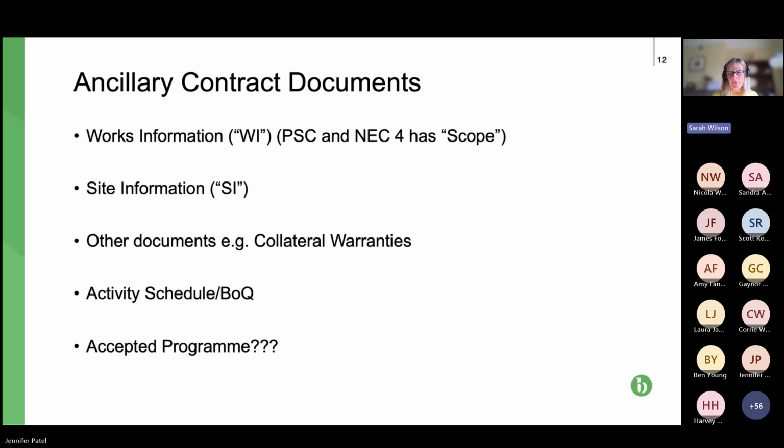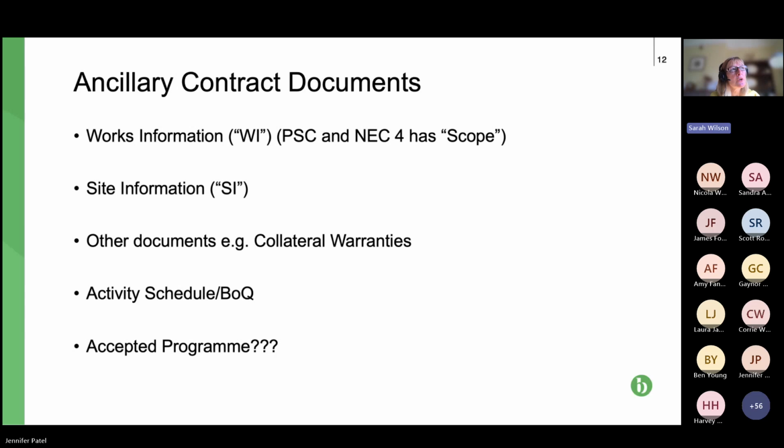So you'll be aware that none of that is included in JCT, and sometimes we barely have a programme submitted throughout the whole of a JCT. NEC is very different, so you're likely to need a programmer where you wouldn't necessarily for JCT. However, that might sound quite onerous, but it is then helpful because it helps to justify extensions of time, rather than the sort of quite vague way we tend to do it with JCT.